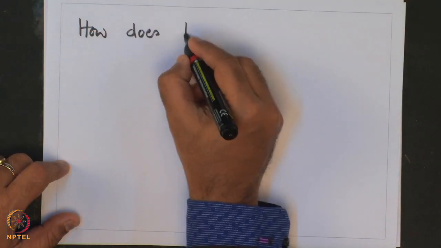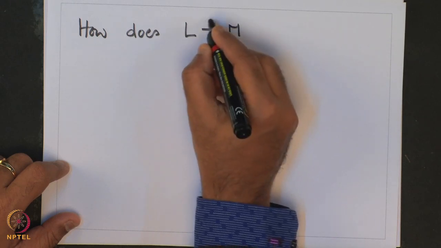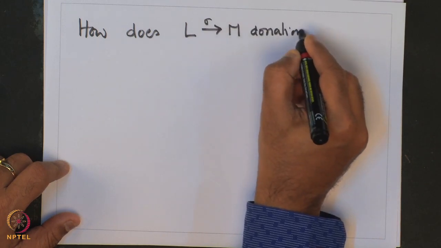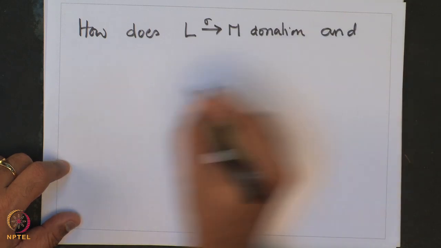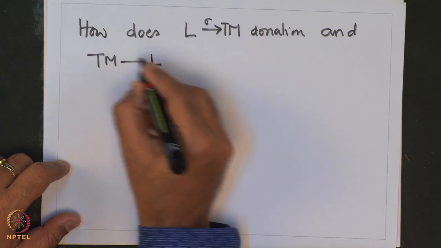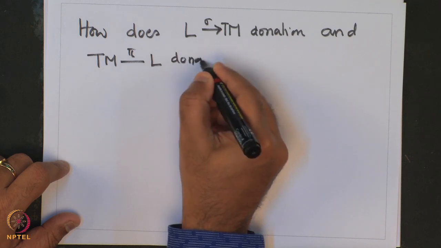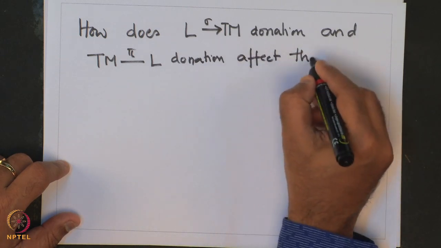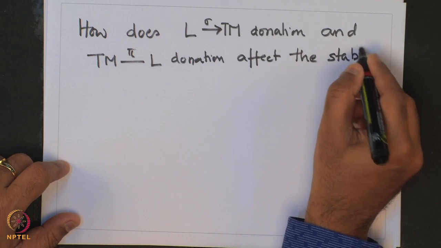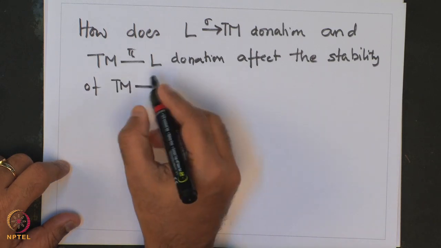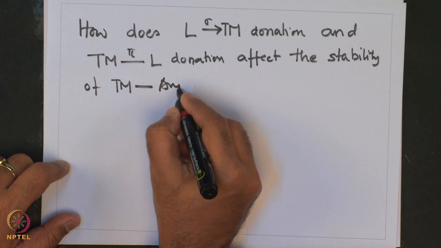So, how does ligand to metal sigma donation and metal to ligand pi back donation affect the stability of transition metal aryl complexes?